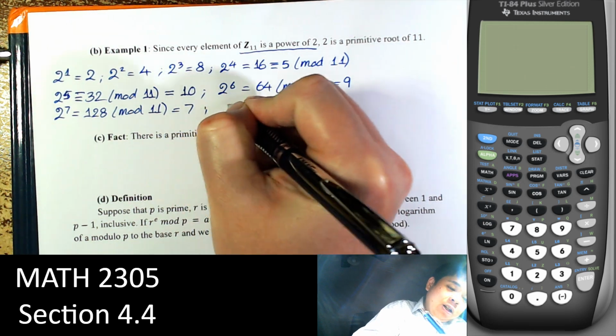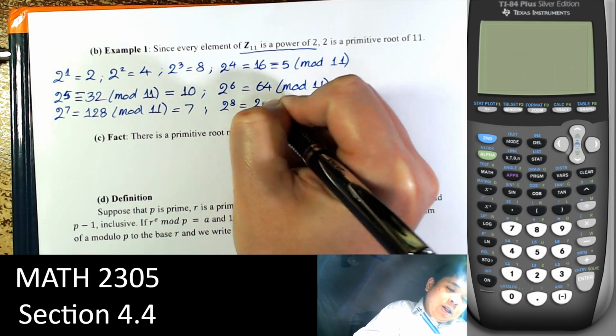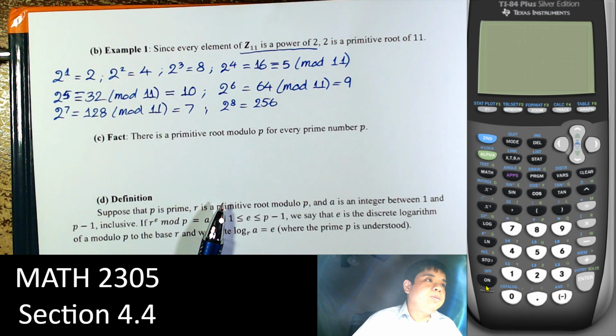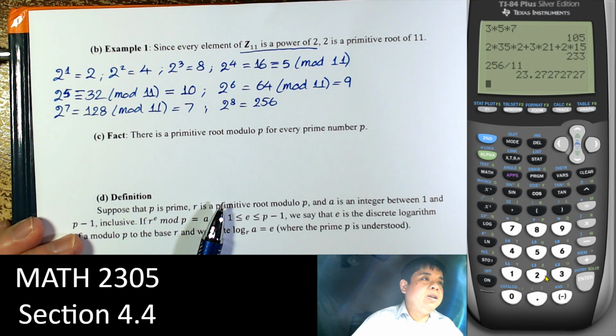Right, 2 to the 8 is 256. That's like 23 times 11, and subtract them, oh, that's a 3.